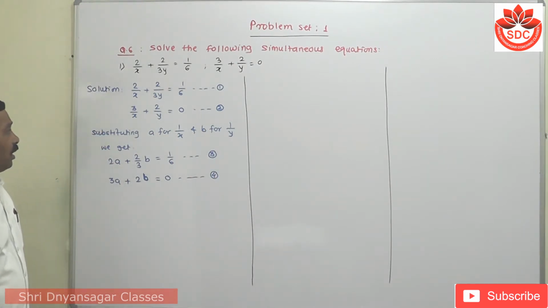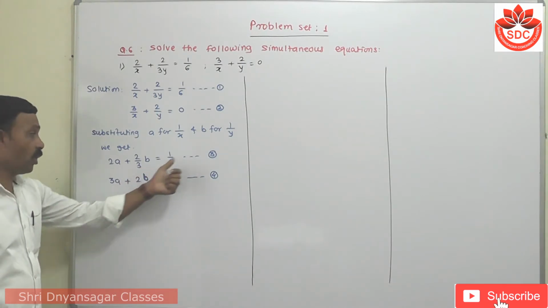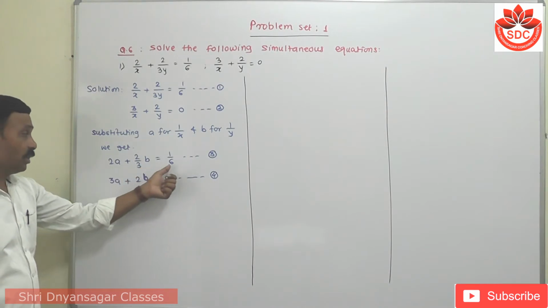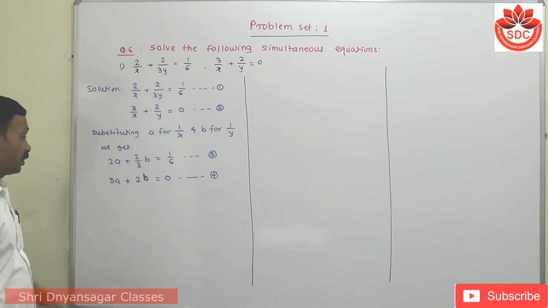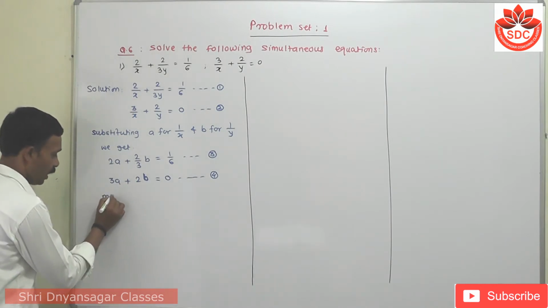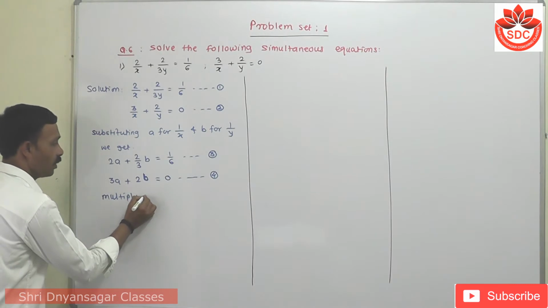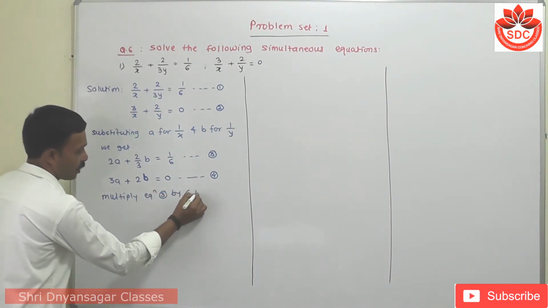Now here I want to remove this 6 and 3. So the LCM for the third equation is 6. I have to multiply the third equation by 6.